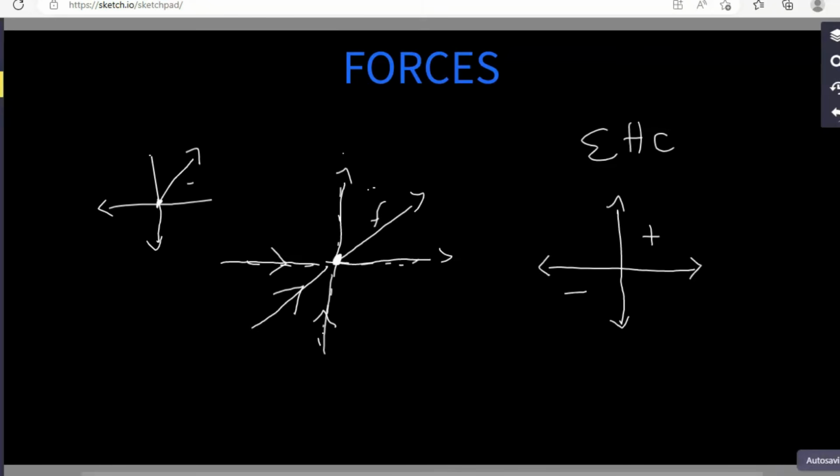The vertical component is going up and the horizontal component is going to the right. It will be positive. If you do it like this, the vertical component is going down and the horizontal component is going to the left. It will be negative, and this is wrong.